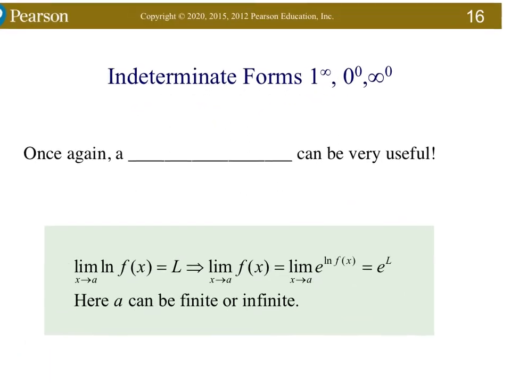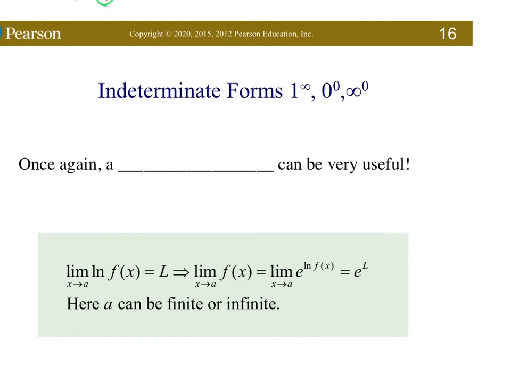Okay, when you come across an indeterminate form that is a power, we're going to use a technique we've seen before when we run into things that have powers that are problems, and in that case we use a logarithm. And so again, a logarithm is going to be very useful.